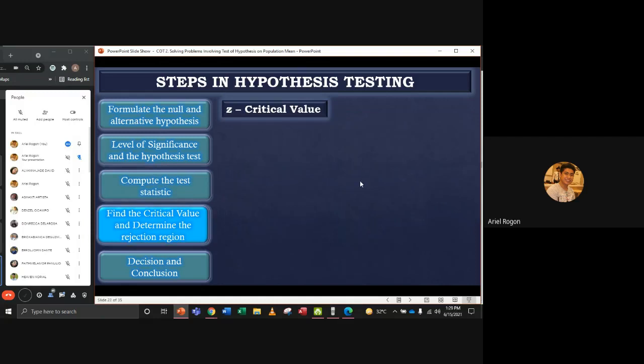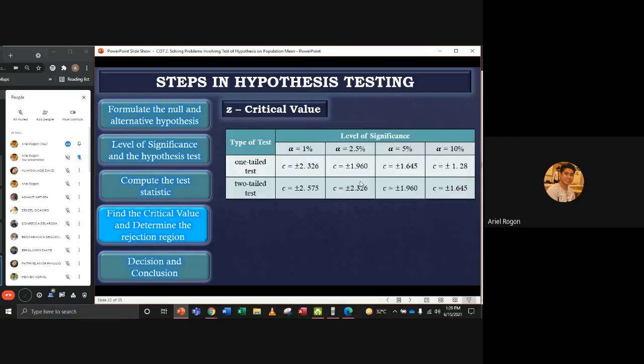And for the Z-critical value, these are the common levels of significance: 1%, 2.5%, 5%, and 10%. Always remember na kapag right-tailed test, your sign is positive, and kapag left-tailed test, the sign is negative. Kapag two-tailed test naman, both positive and negative ang ma-apply natin, kasi dalawa yung rejection region natin.